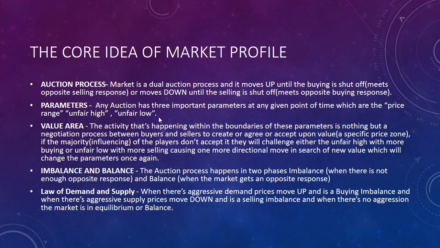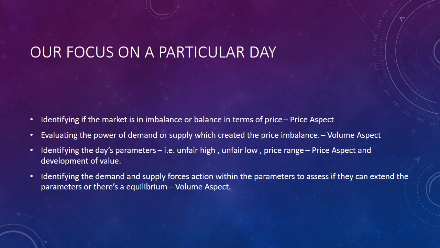So on any given day, we identify if the market is in imbalance or balance, and evaluate the power of demand and supply which created the imbalance, if there is one. If there is no imbalance, the market is still balancing. Also you analyze the demand and supply and see the possibility of it extending the range that is there. So those are the takeaways from this video.